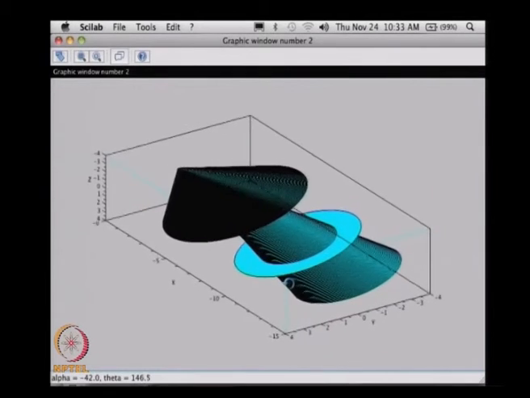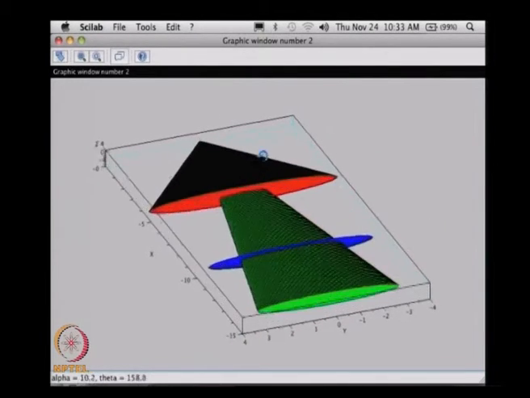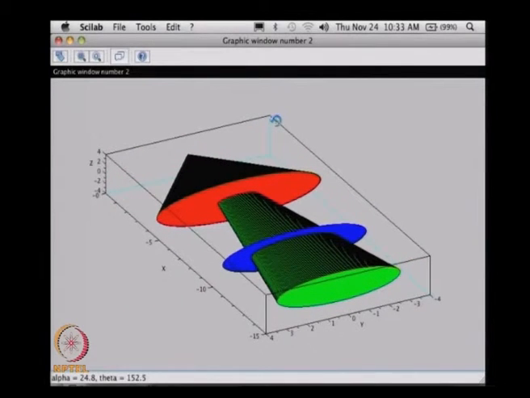Now this is what it is actually about. If you look at this, let us turn this around and look at this from various angles. If you look at these three out here, there is a red circle, a blue circle, and a green circle.